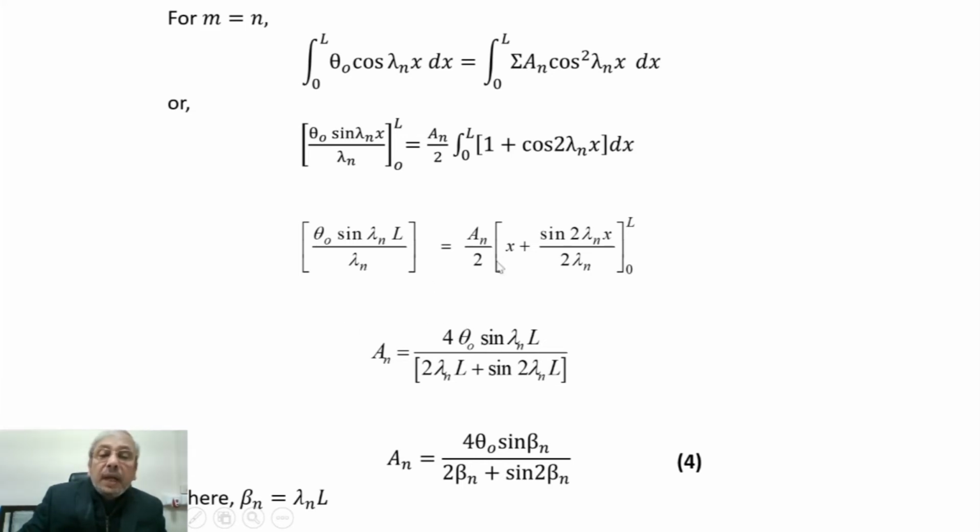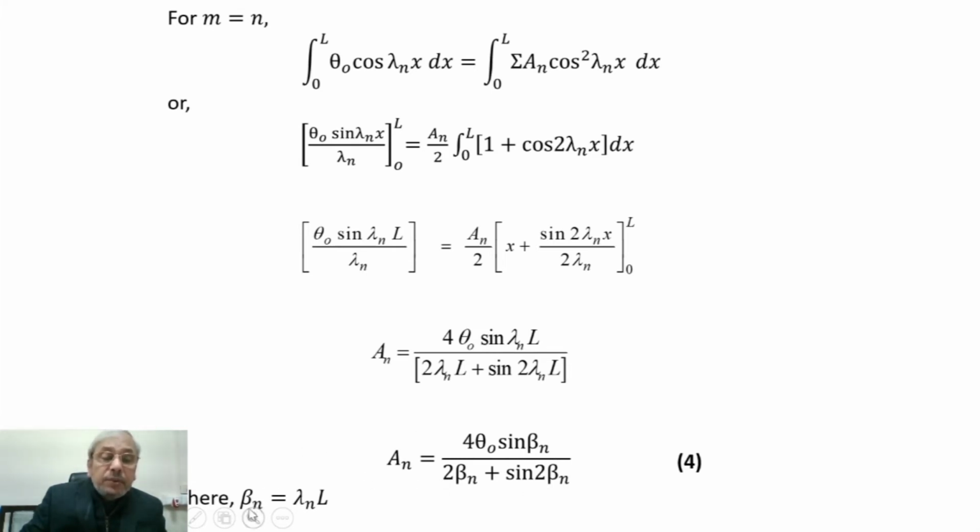It is given by, after simple algebra, 4 theta naught sine lambda nL divided by twice lambda nL plus sine twice lambda nL, and we can write it in a more compact form.